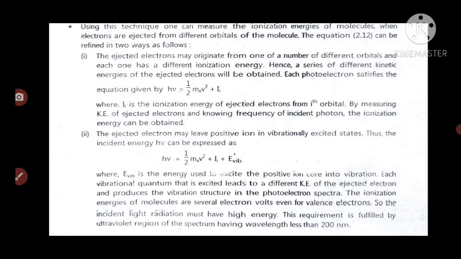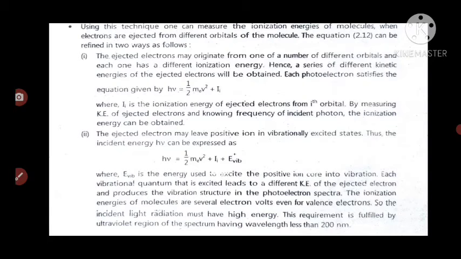The ejected electron may originate from a number of different orbitals, and each one has a different ionization energy, and hence a series of different kinetic energies of the ejected electron obtained by the photoelectron.